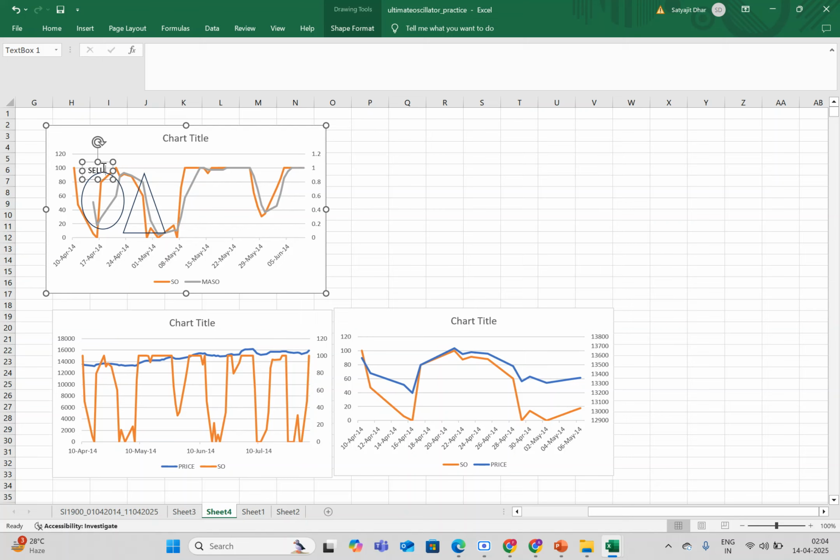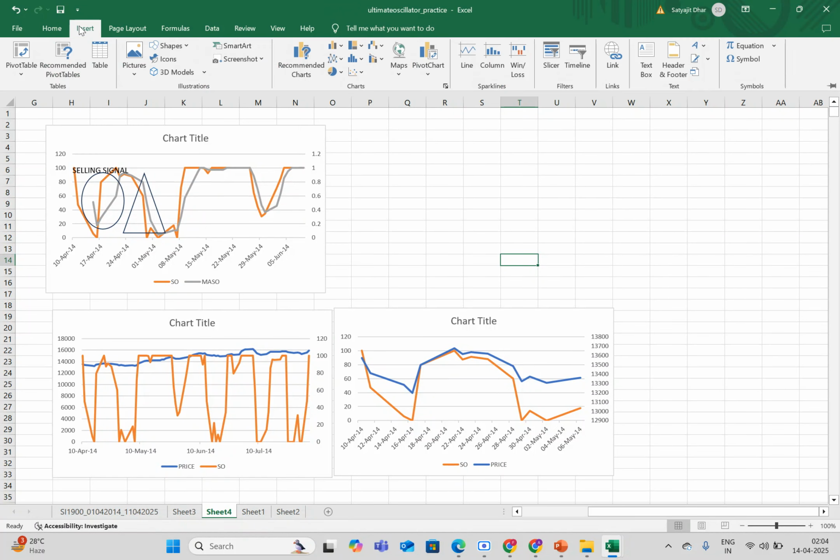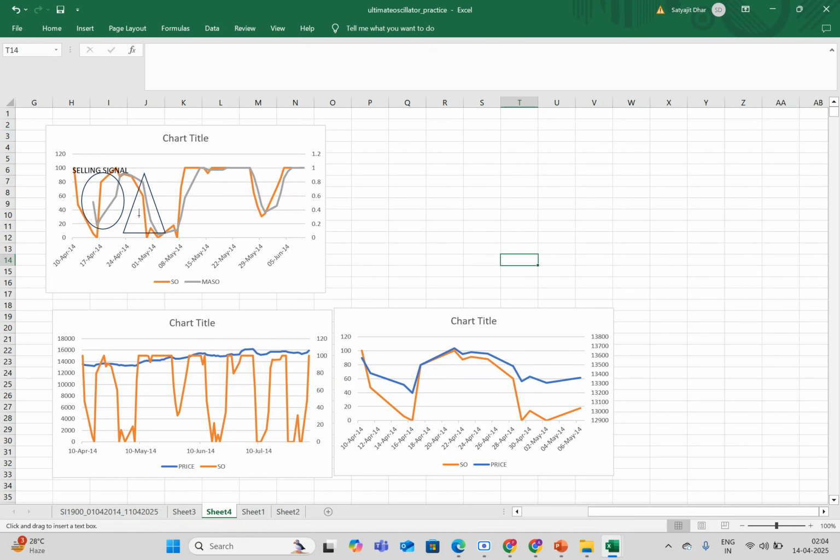So I will write here, selling signal. So the circle is a selling signal. What about this triangle? This triangle is your buying signal. So let me write it here. It is a buying signal.